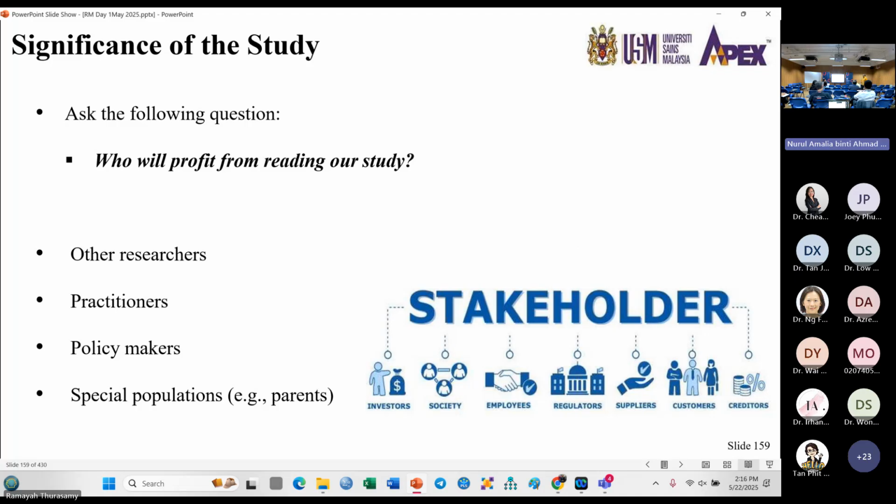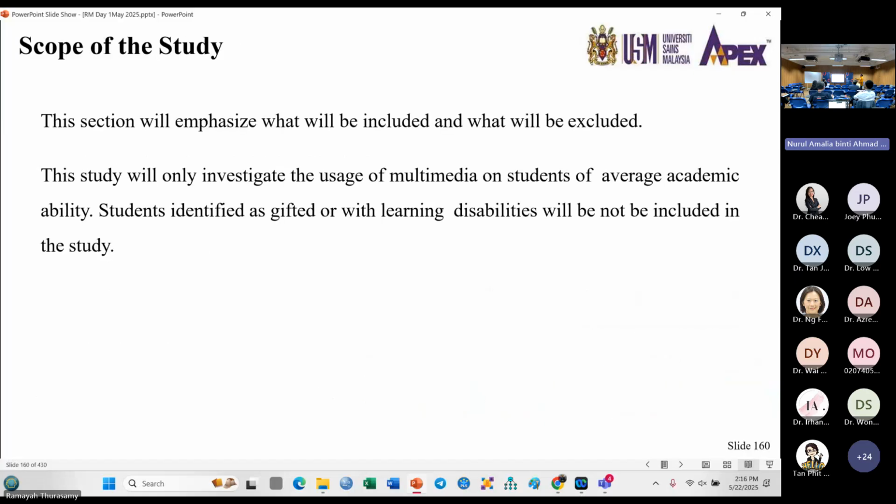So my students tell me, my examiner also wants it. This section is saying, after I do this study, who will benefit? That's called the stakeholders. But unfortunately, many people like to write the theoretical and practical contribution. Okay, and then we have the scope of the study.